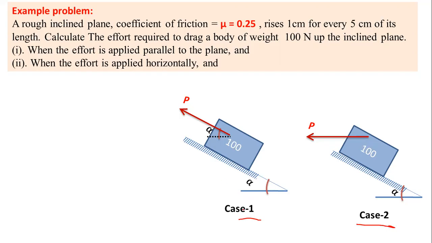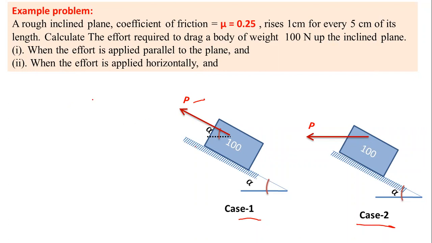In case one, the effort is applied parallel to the inclined plane. Here you can observe this one is the effort equal to P. In the second case, the effort is applied horizontally. So these are the two conditions.